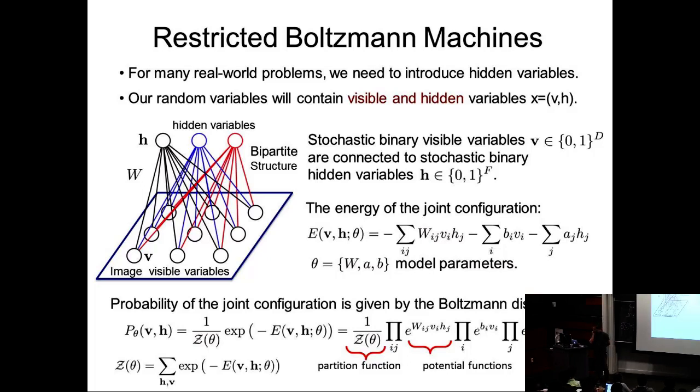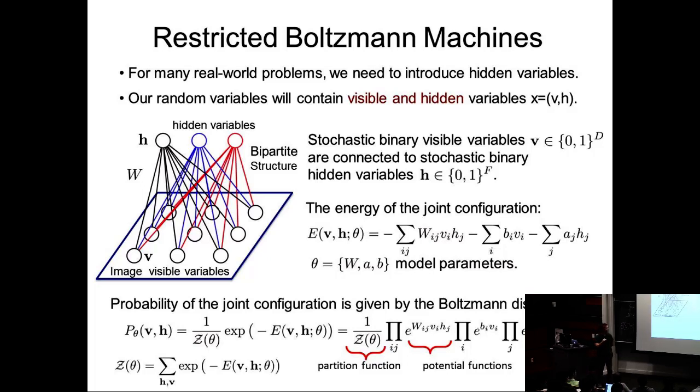Whenever you're dealing with real-world problems, you have to introduce hidden variables, so latent variables, right? In order to be able to learn some features or some data-dependent structure, you have to have some latent variables.